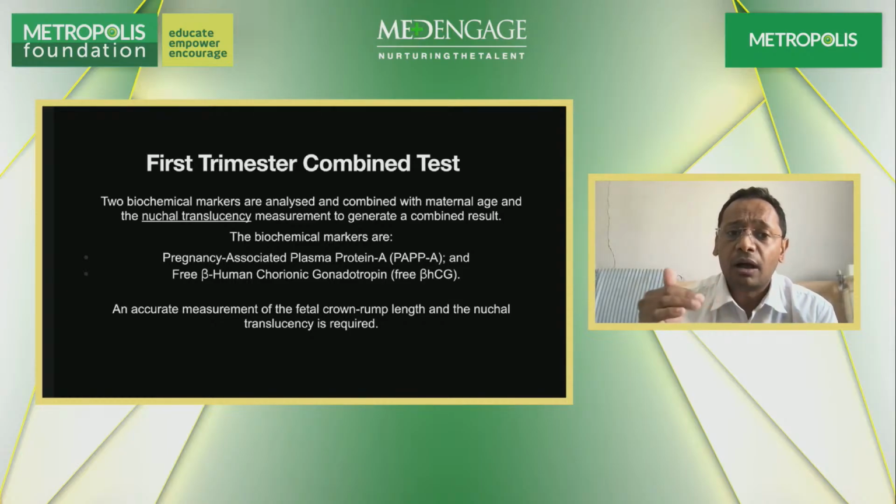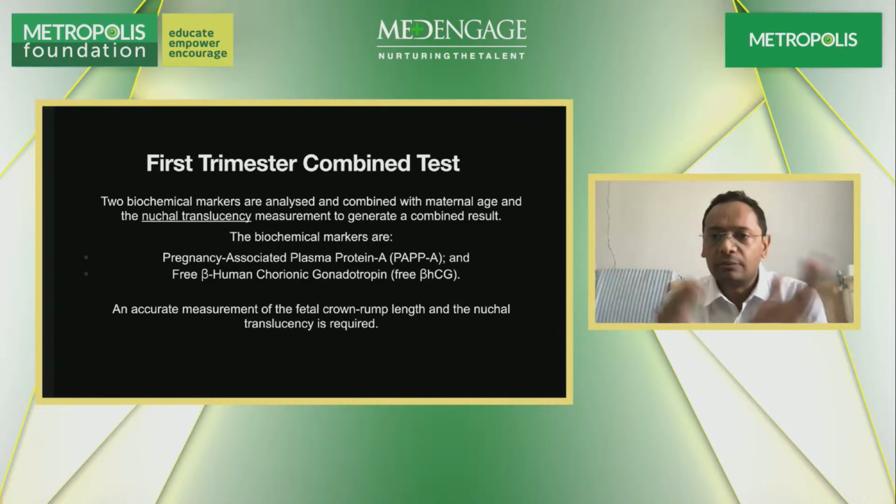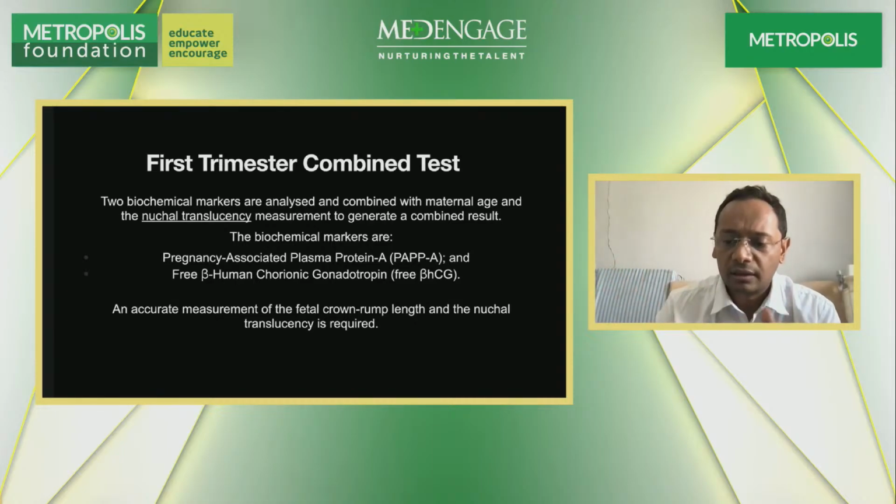The biochemical markers are pregnancy-associated plasma protein A, which is PAPP-A, and the free beta HCG. An accurate measurement of the fetal crown-rump length and the nuchal translucency is required to get the most accurate risk ratio. This risk ratio is used in the contingent screening, which I'll be talking about a little ahead.